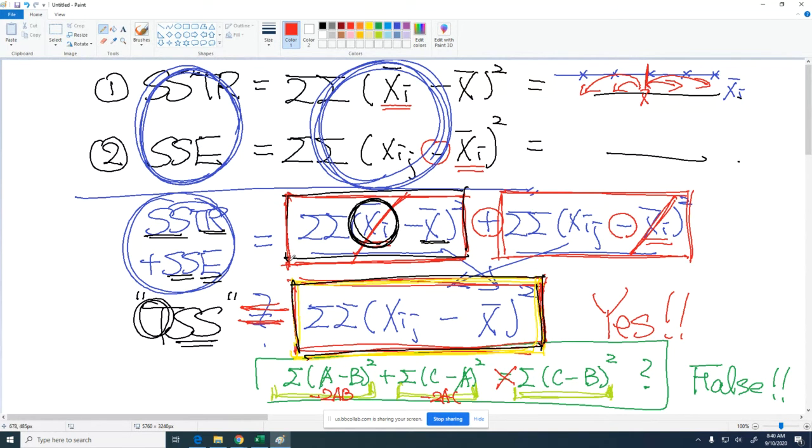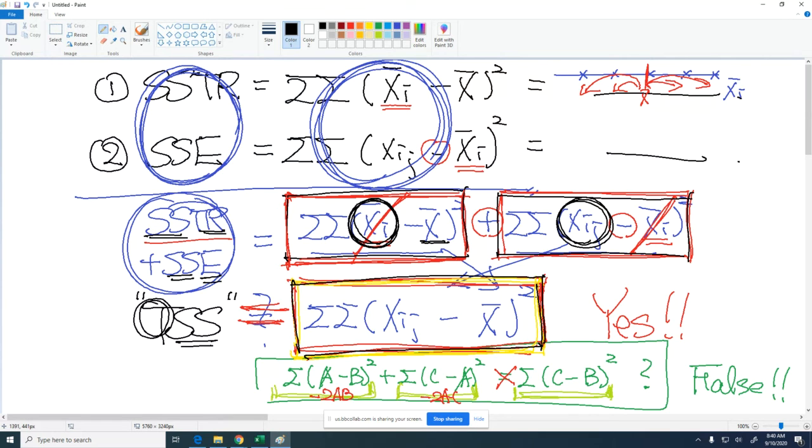Because of that, it has the name SSTR. The treatment is from the between treatments, the between groups.